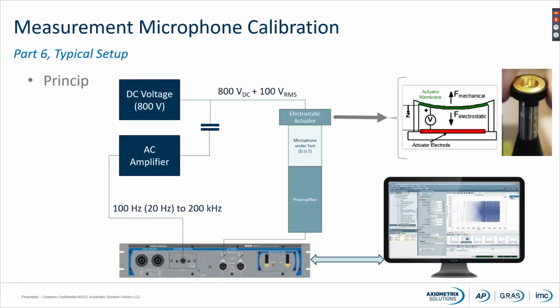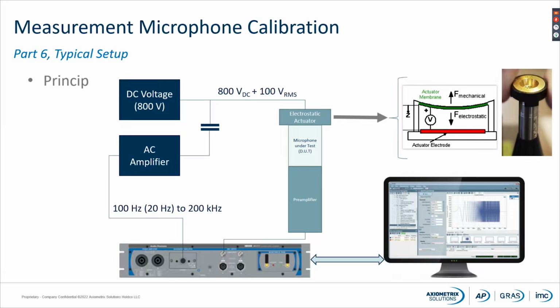Let's have a look at the principle of the electrostatic actuator. From the generator, we will have our signal. It could be from 100 Hertz, maybe 20 Hertz, up to 200 kilohertz, depending on the microphone under test. We have an AC amplifier, which will create maybe 100 volt RMS.